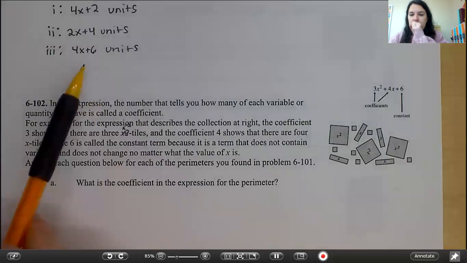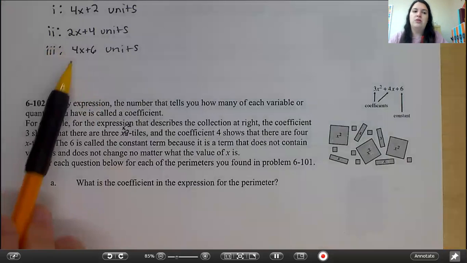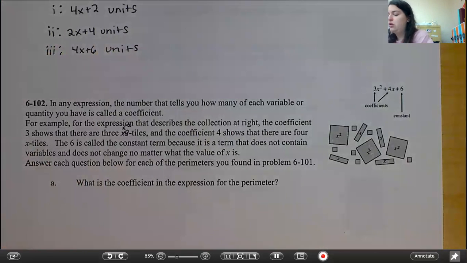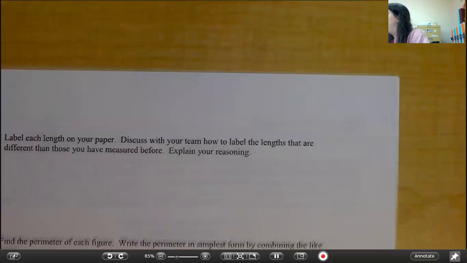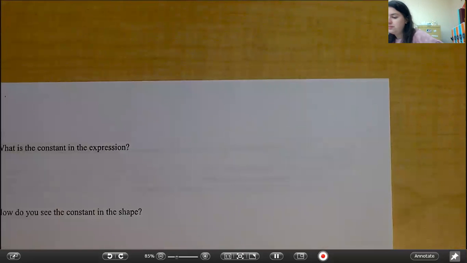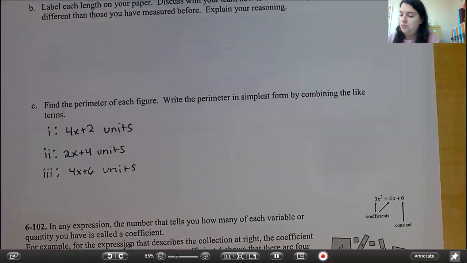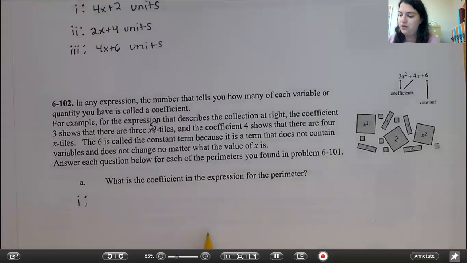So I gave you the perimeters in part C. You are going to use those to answer questions A, B, C, and D. It says, what is the coefficient in the expression for the perimeter? So for 1, you're going to write the coefficient.